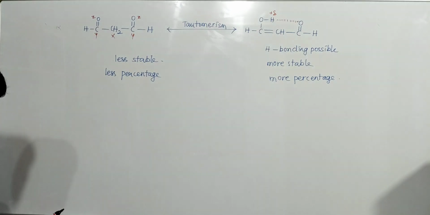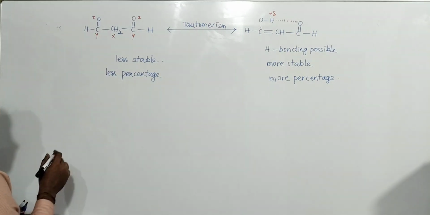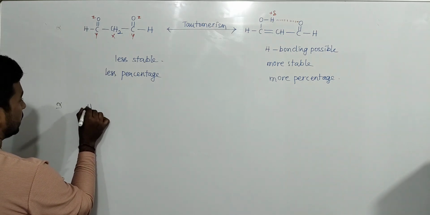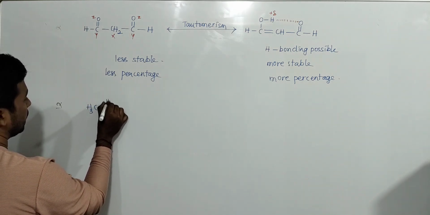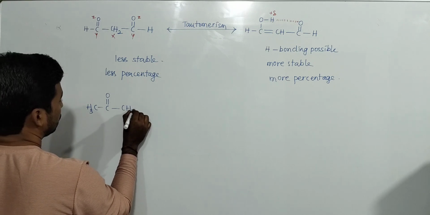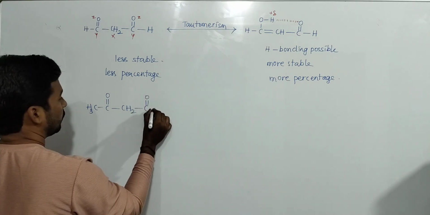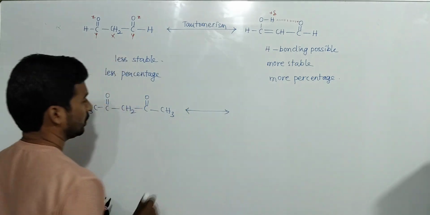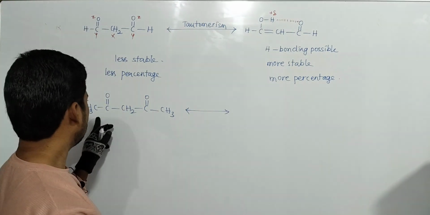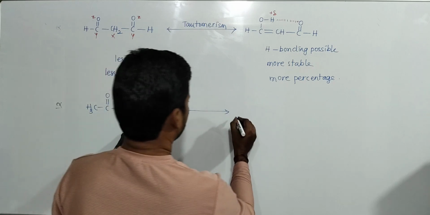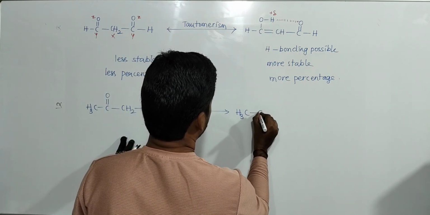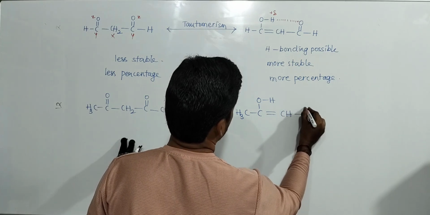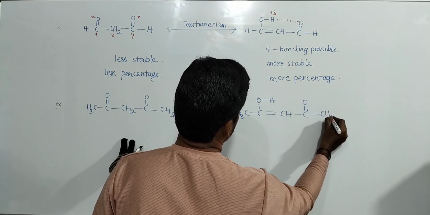Okay. Next, if you see acetyl acetone, CH3, C double bond O, CH2, C double bond O, CH3. Next, here the enol form: CH3, COH, double bond CH, single bond C double bond O, CH.